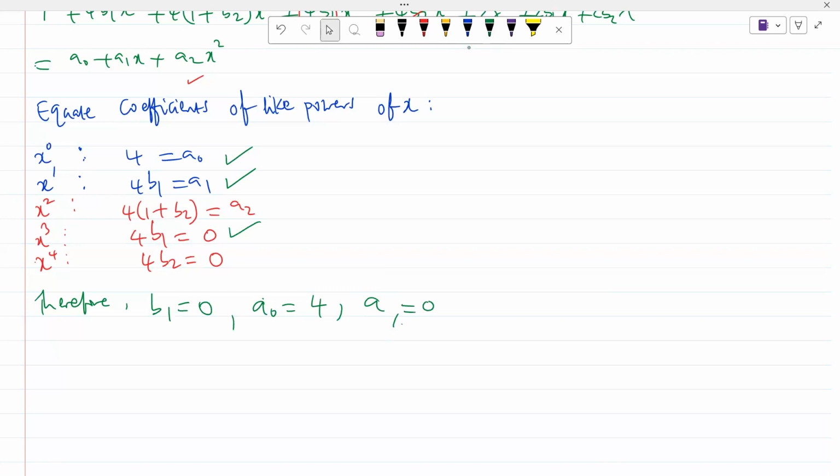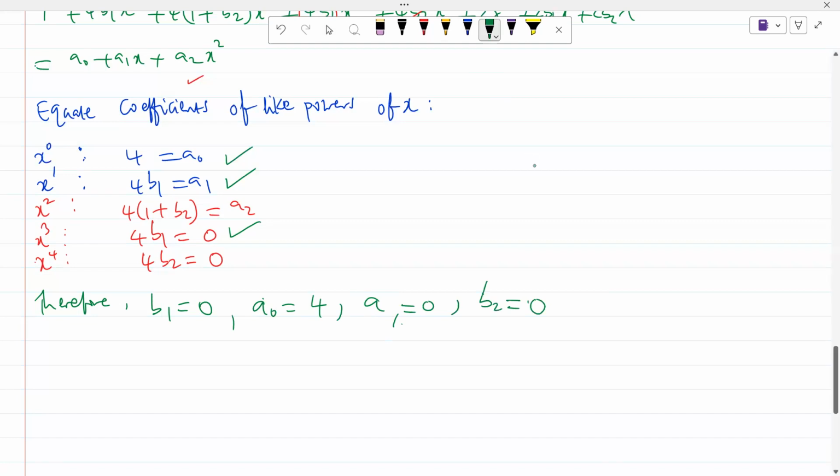Okay. Now we have b2. Now we have that b2, this one, 4b2 is 0, which means dividing by 4 would mean b2 is 0. You'll see why we're getting all these things here, the b1s, the a naughts, the a1s, and the b2s.